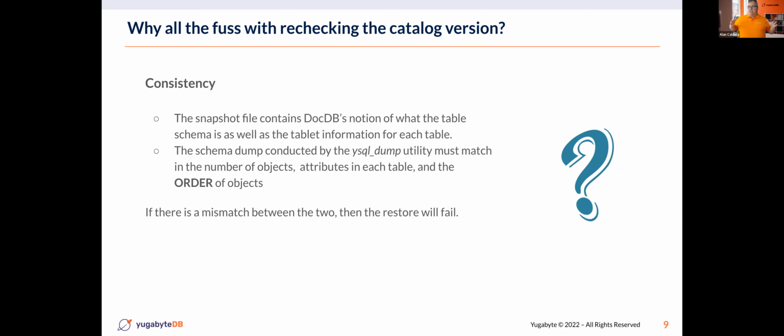So the schema must match what DocDB has with what the catalog has. It must match the number of objects, the attributes, and the order of the objects. If there is a mismatch between the two, then your restore will fail to come back. So that's why we do that particular check.